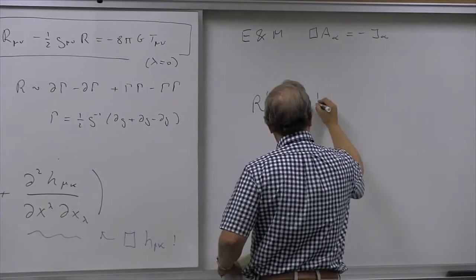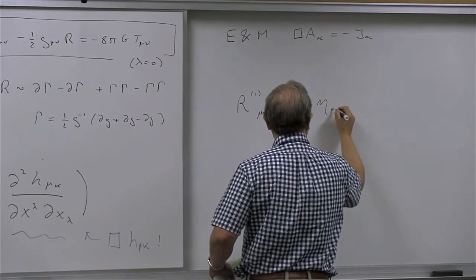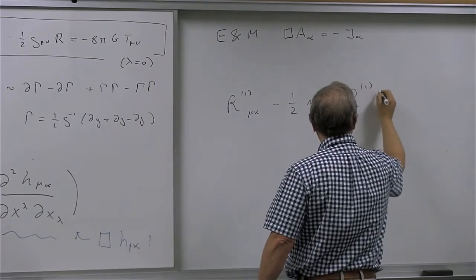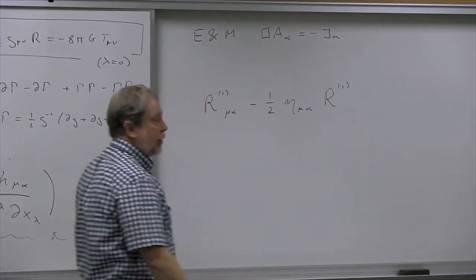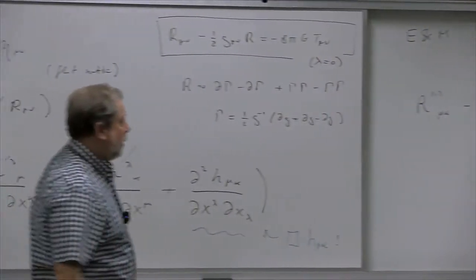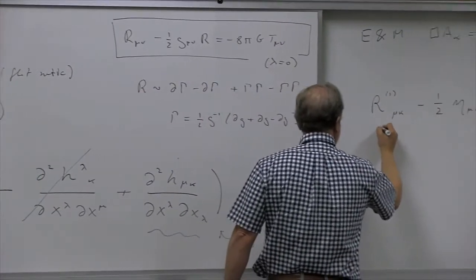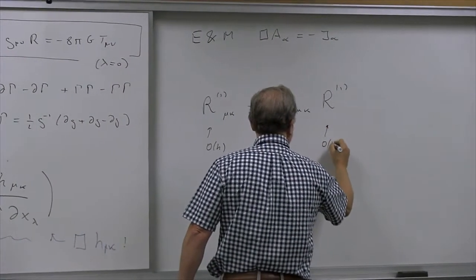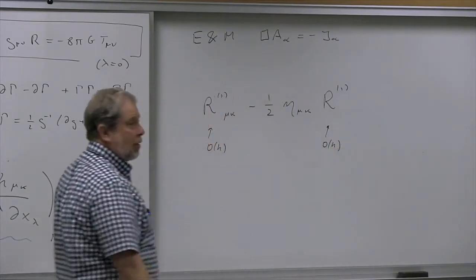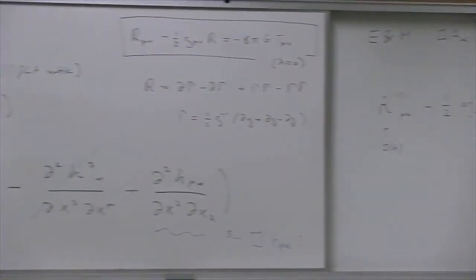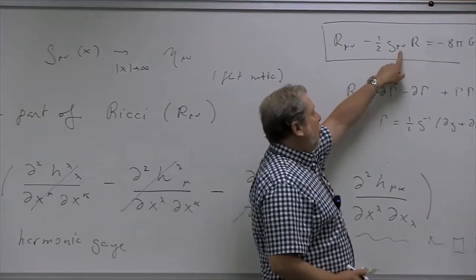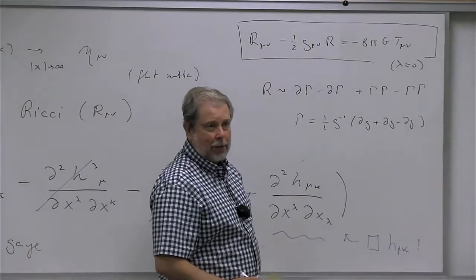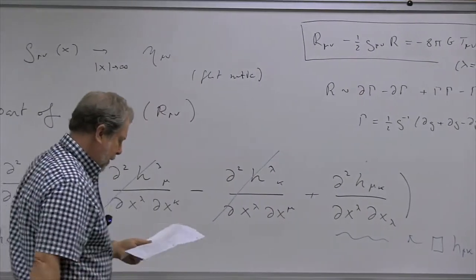So we write that as minus 1/2 eta mu k times R1, the linear part of the Ricci scalar. Again, to emphasize, this is of order h, and that is also of order h. And as far as this expansion is concerned, the g mu nu here, because this is already of order h, can just be the flat metric, which is the eta.